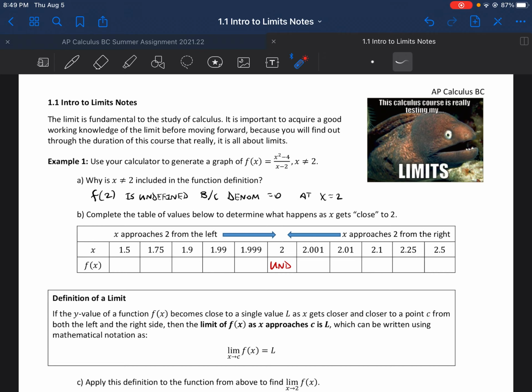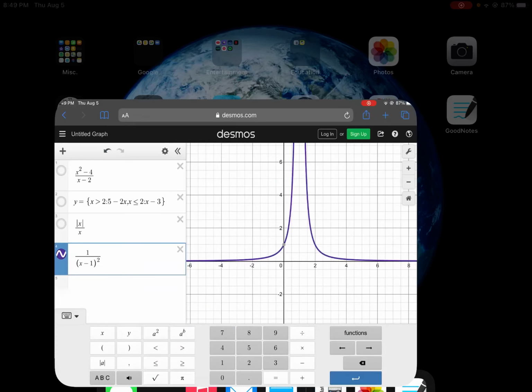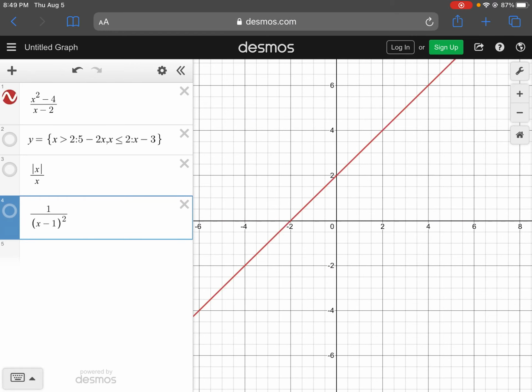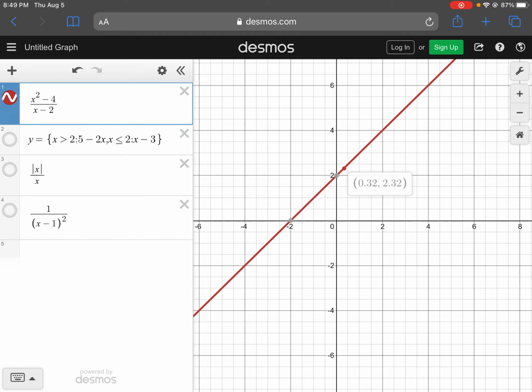I'm going to use a graphing calculator called Desmos. You can use your TI-84 to graph it just fine as well, but let's look at the graph in Desmos real quick. Right here, I've got it graphed. We have x squared minus 4 over x minus 2. And notice that as we close in on 2, at 2, we can see that the value is undefined, and we already know why, because we plug 2 in the denominator.